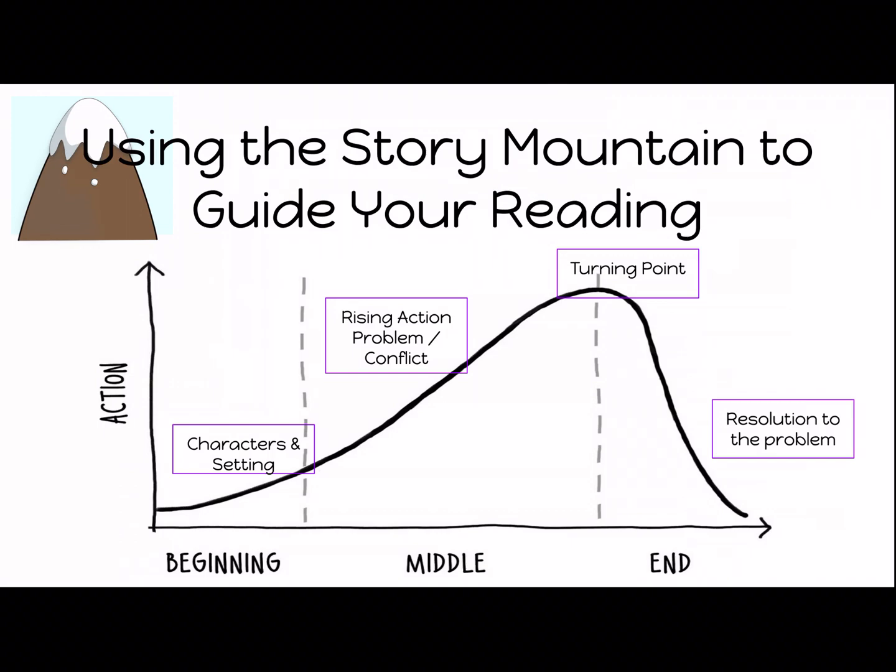There are problems and conflicts that are also developing. And at a certain point, there is a climax or a turning point where things change. And then, of course, at the end, there's usually a resolution to the problem. Now, let me show you how we're going to use the Story Mountain to guide our reading.